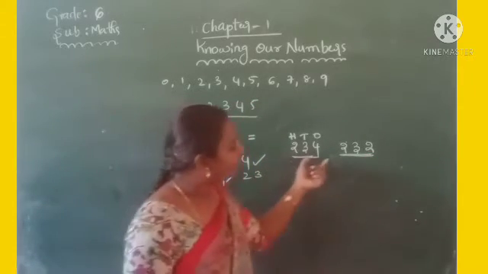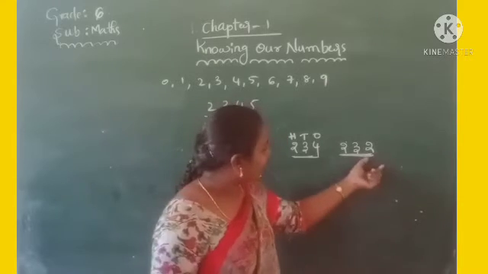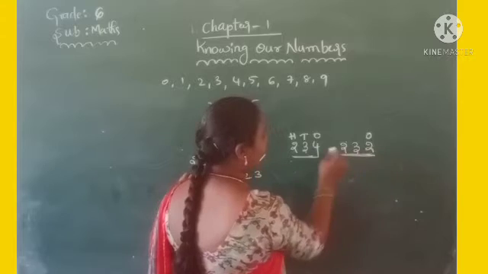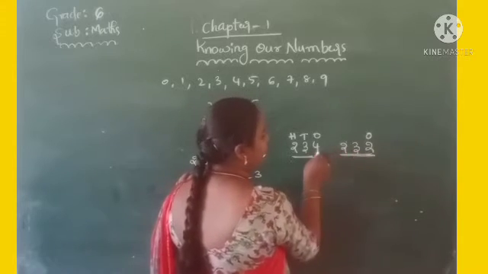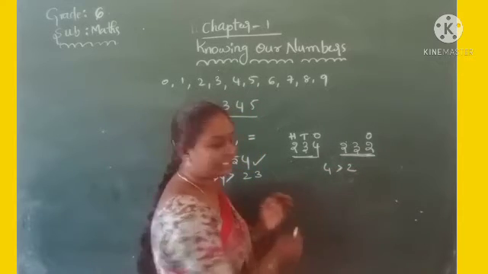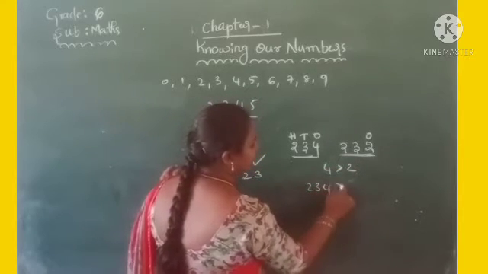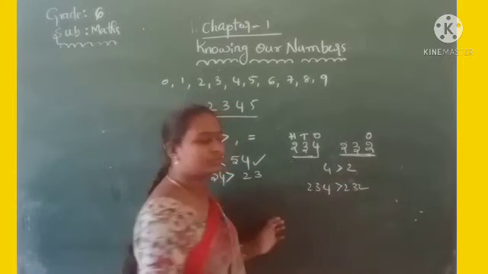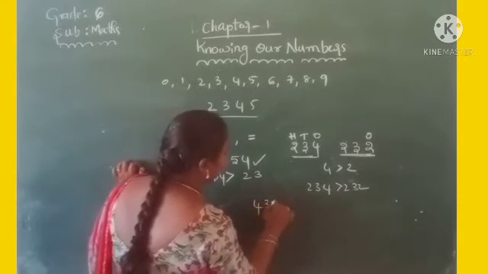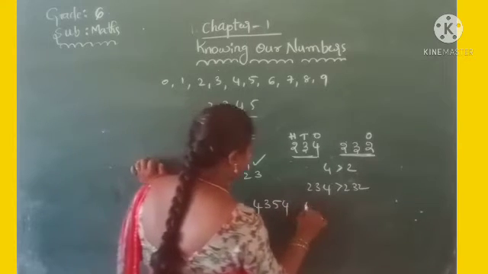First of all you have to start from the units place, that is the ones place, and compare. 2 and 4. Here 2, here 4. Which one is greater? 4 is greater. That means 234 is greater than 232.